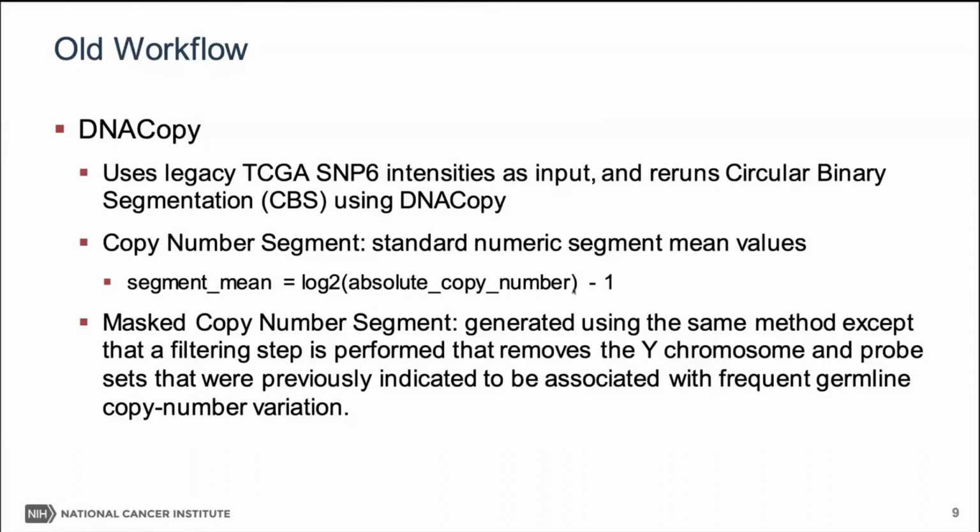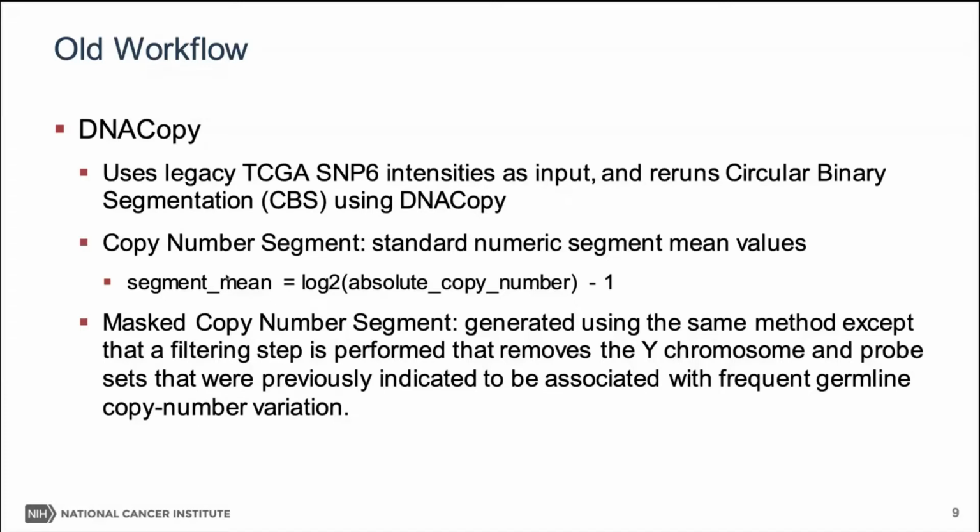What that means is if it's a diploid locus and we get an absolute copy number of 2, then this segment mean is 0. For anything less than diploid, a copy number loss, you expect a negative segment mean value. If you see a positive value, that means a copy number gain.